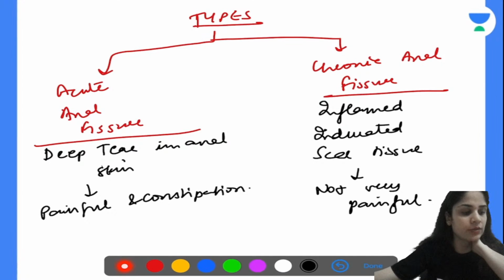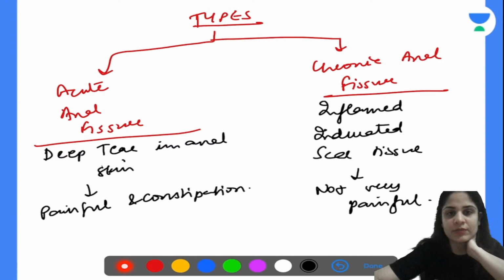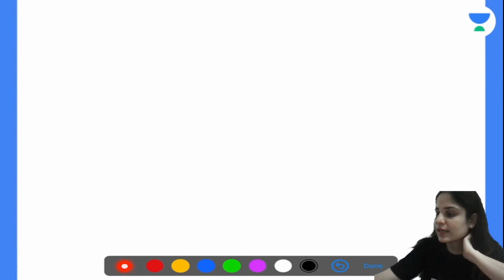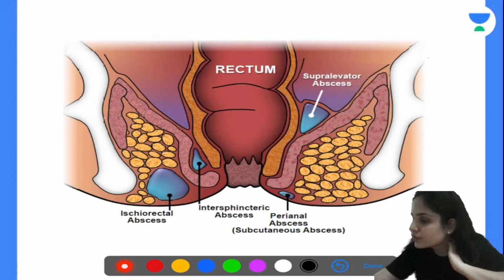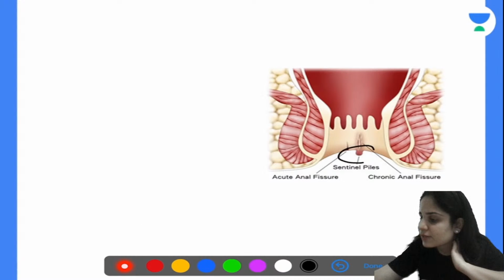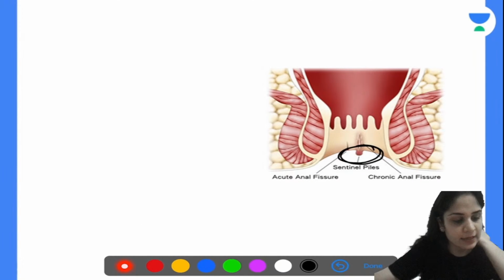Now, how do you distinguish between an acute anal fissure and a chronic anal fissure? Can anyone tell me the one thing that will help you diagnose between acute and chronic anal fissure? I think I have a picture of it also. Okay. Can anyone identify the small thing that is present at the end of the ulcer? It helps to diagnose between acute and chronic anal fissure.